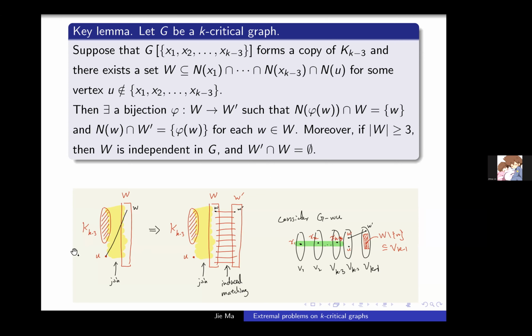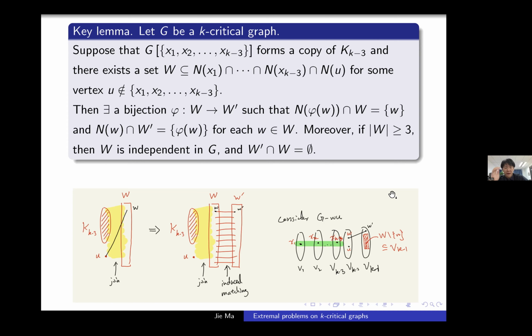Yeah, I meant why don't you always pick W to be exactly the neighborhood of x1 joined with the neighborhood of the others? Sure, yeah, you're right. I can make it equal. But in the actual proof for our result, we take a subset.